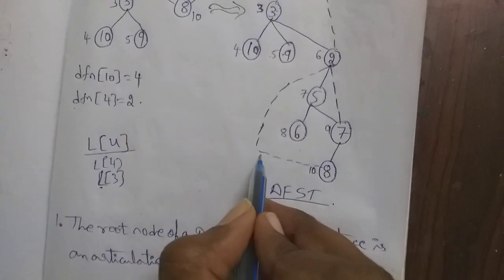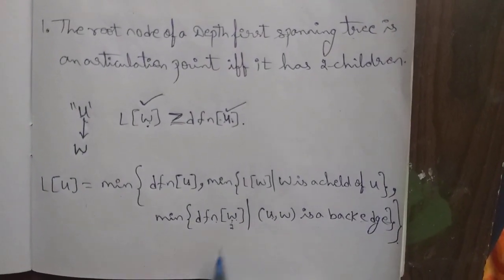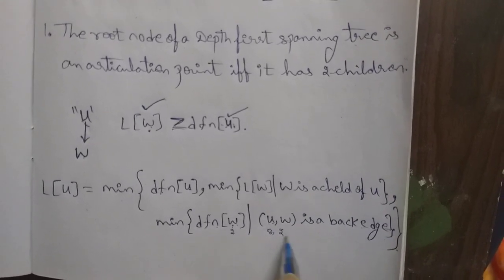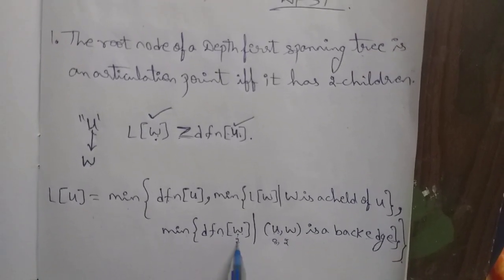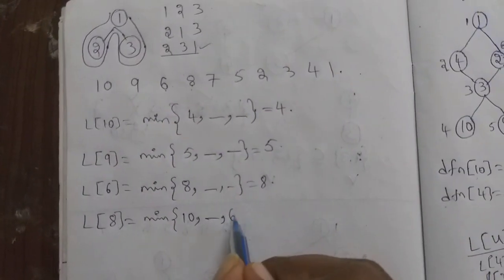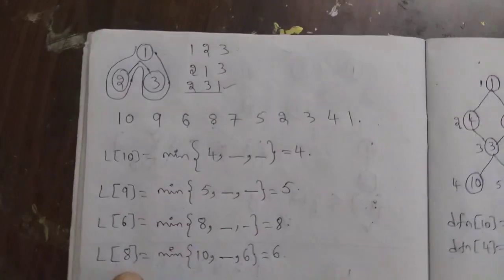What is W here? The back edge vertex. 8's back edge goes to 2. Therefore, the minimum of depth first number of 2, where U comma W is a back edge. Yes, 8 comma 2 is a back edge, and the depth first number of W means depth first number of 2. What is it? 6. Therefore, minimum of 10 comma 6. L of 8 is equal to 6.